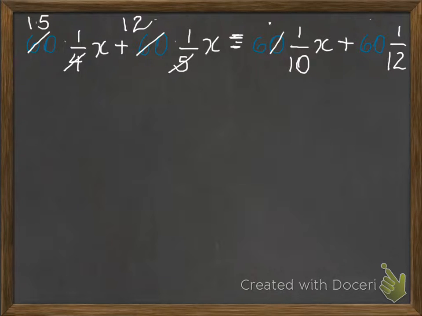And these zeros cancel because both of these divide by 10. 60 divided by 10 is just 6. And 12 goes into 60 5 times.